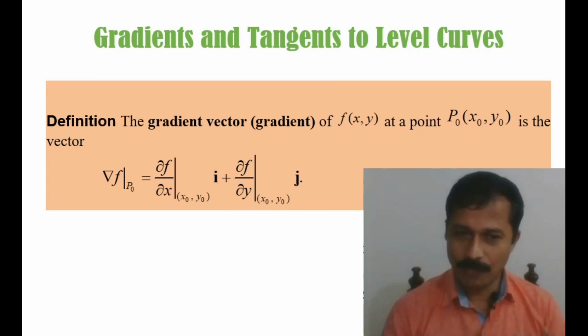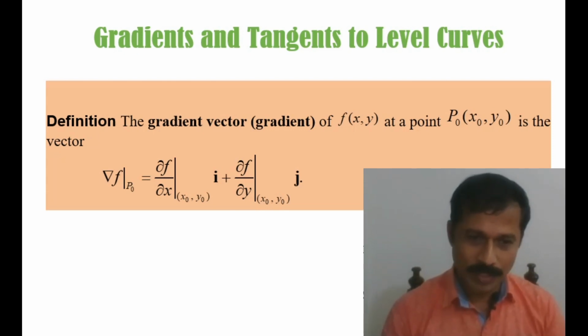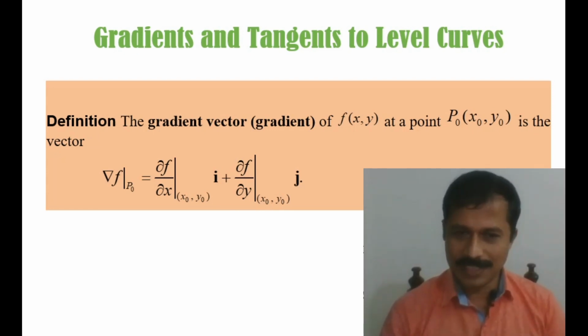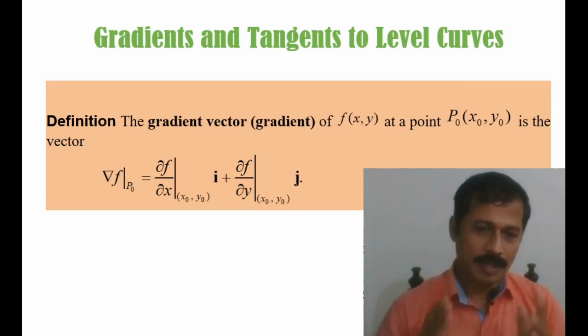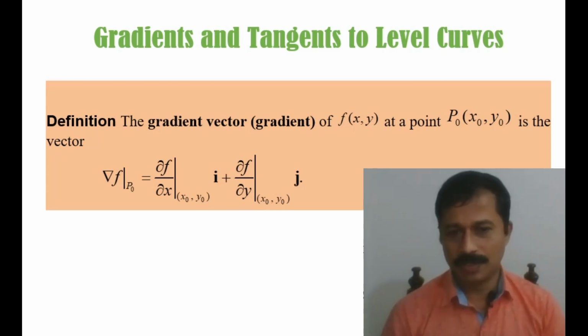by del f evaluated at p0, which is equal to del f by del x evaluated at the ordered pair x0, y0, which will be a scalar, multiplied with the vector i, plus del f by del y evaluated at the ordered pair x0, y0, taken as a scalar and multiplied with the vector j.